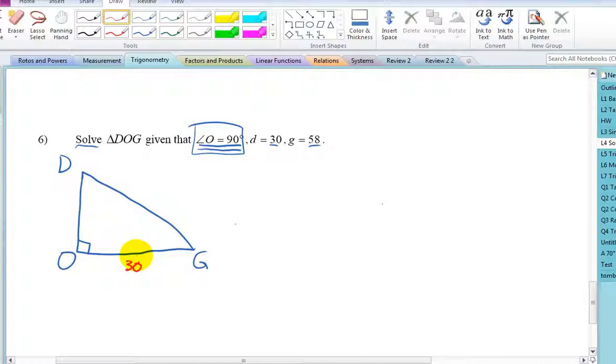Dion, I know sign language. Okay. 30 goes right there. Slater, where does little g go? Pardon me? Right here, correct. Don't need to be rude. Okay.